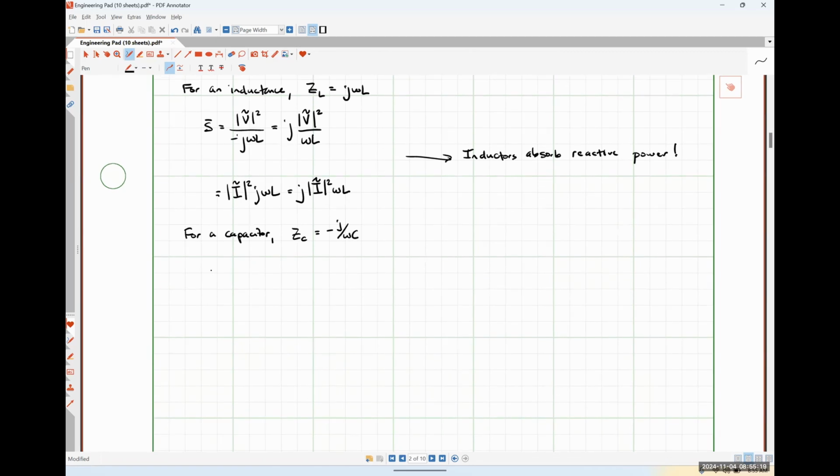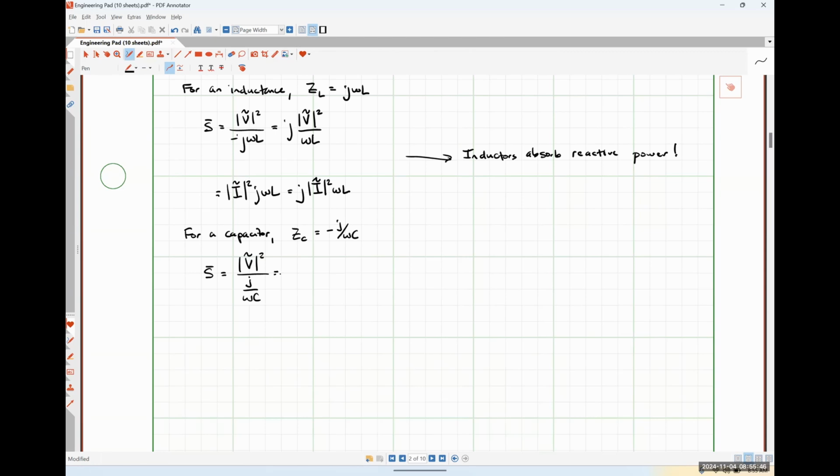So when we have things only in terms of our voltage, that's going to look like the magnitude of the voltage squared over positive J over omega C. Again, I got rid of the negative sign because I'm performing the complex conjugate operation on this rectangular form complex number, which just changes the sign on the imaginary part.